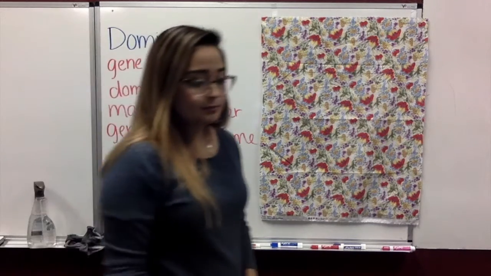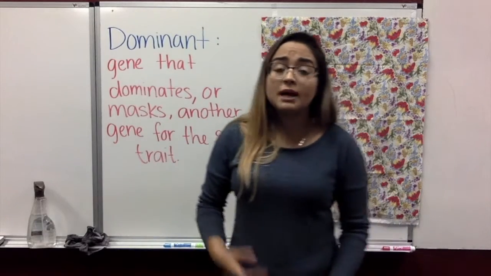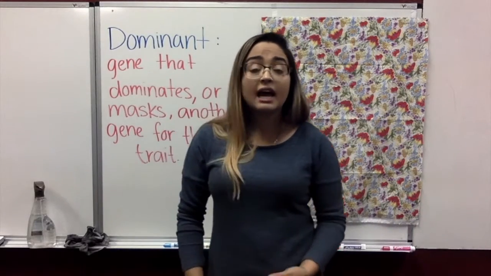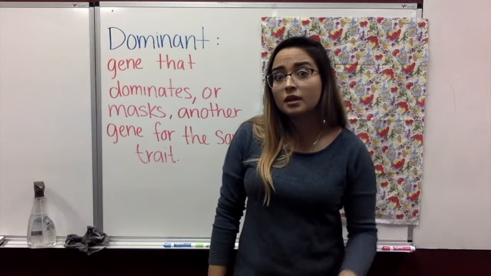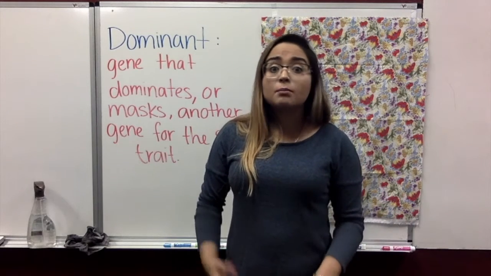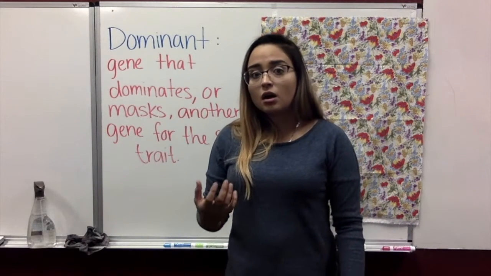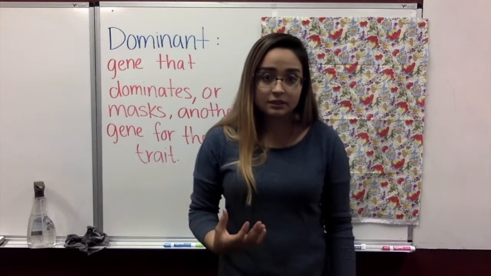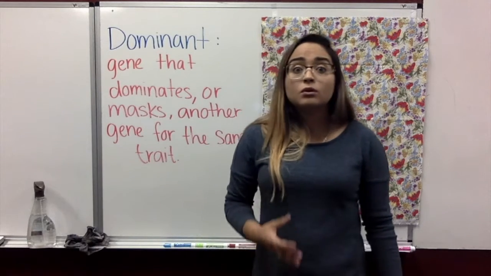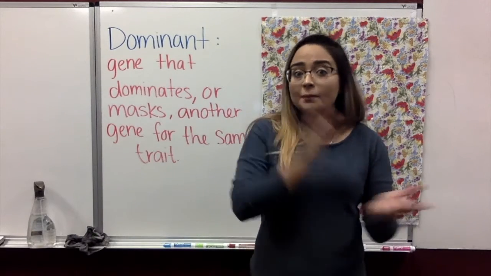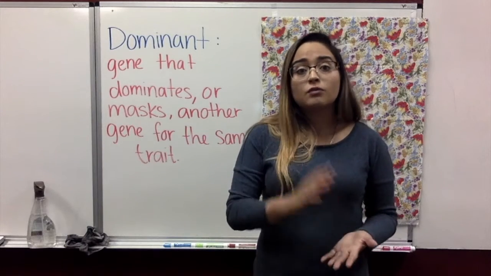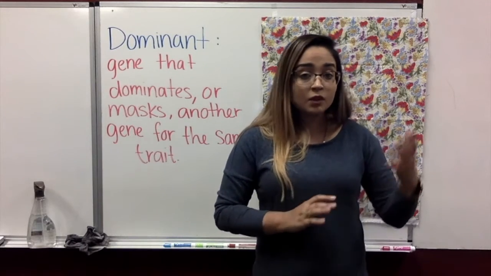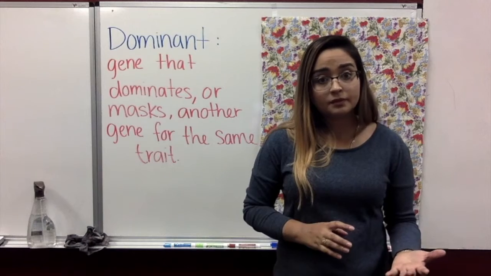Like I said, let's say our mom has straight hair and our dad has curly hair. But our mom's gene is dominant. It will literally do that. It will dominate over the other gene, which is a curly hair gene.